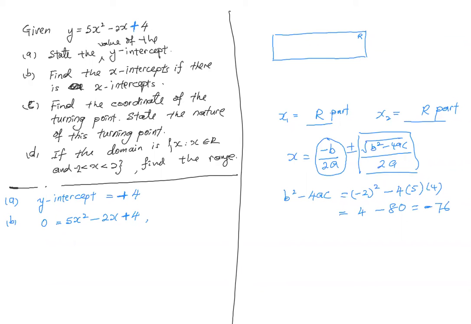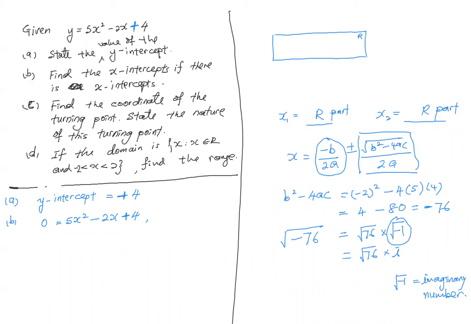So the square root of negative 76 is the square root of 76 times the square root of negative 1. In maths, there is such a thing as an imaginary number. The square root of negative 1 is called an imaginary number. So there is no real root.